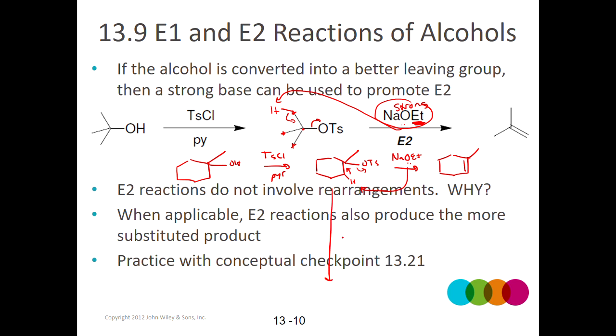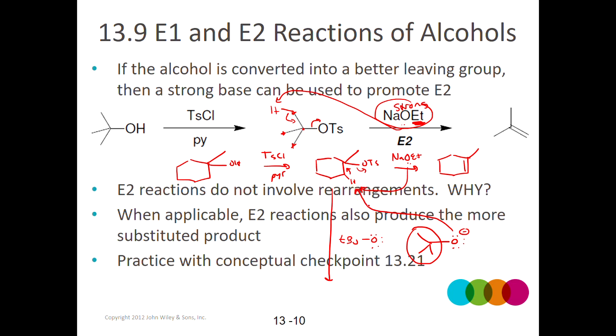If I use a more sterically hindered base, though, like the tert-butoxide, which looks like this, the tert-butyl group is very sterically hindering, so it's going to be harder for this base to come in and get the same proton.